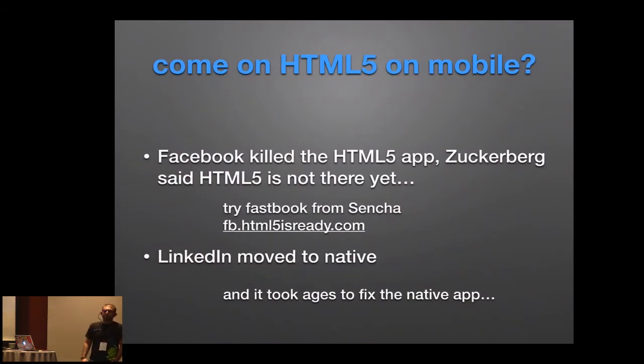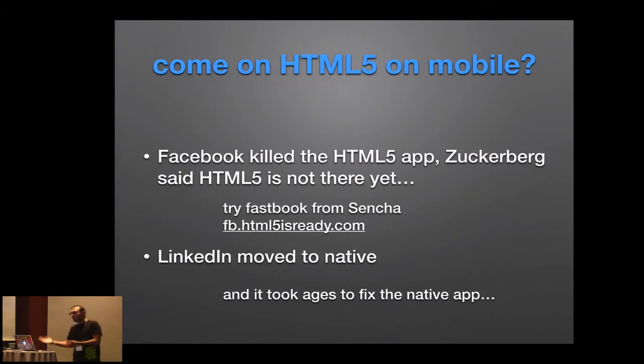So is this really a talk about HTML5 on mobile? Well, Mark Zuckerberg said HTML5 is not there yet, so Facebook moved from the HTML5 app to native development. Well, if anyone ever tried the Fastbook from Sencha, you can clearly see HTML5 is working. It was just the Facebook app that was not working.